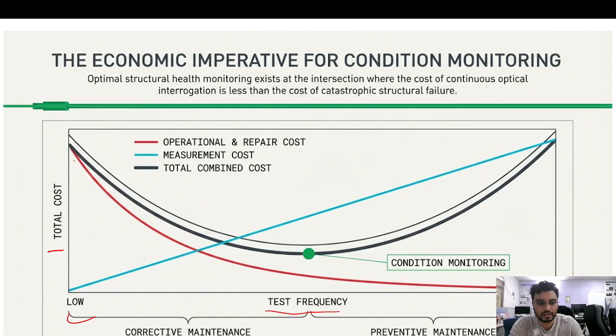If you go from low to high, the operational and repair cost decreases, the measurement cost increases towards the high, and the total combined cost will be somewhere in the middle between low and high.